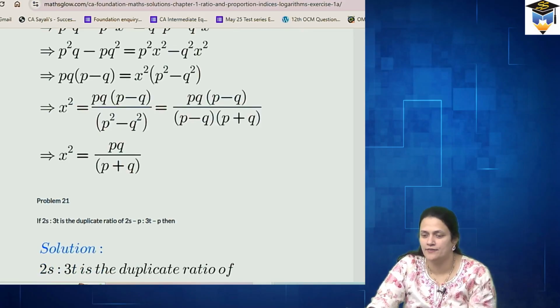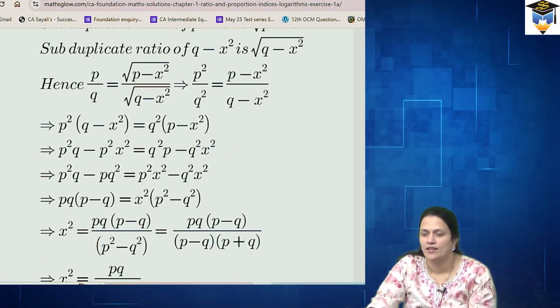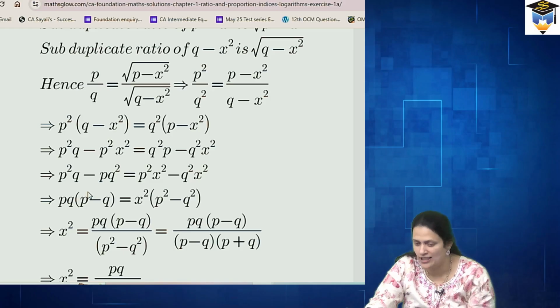none of these येते. सी सब डुप्लीकेट रेशियो यानी क्या? स्क्वायर रूट. सो स्क्वायर रूट ऑफ p minus x² अपॉन स्क्वायर रूट ऑफ q minus x². सो व्हेन यू स्क्वायर बोथ साइड्स, p² अपॉन q² इज p minus x² upon q minus x². ये सो अब क्रॉस मल्टीप्लाई करो. सो p² इंटू q minus x² इज इक्वल टू q² इंटू p minus x². मल्टीप्लाई करो, कॉमन टर्म्स ले लो on the left hand side.